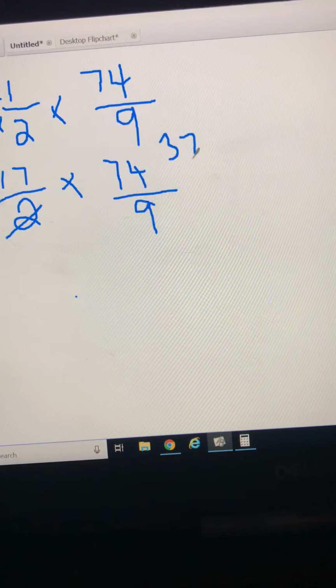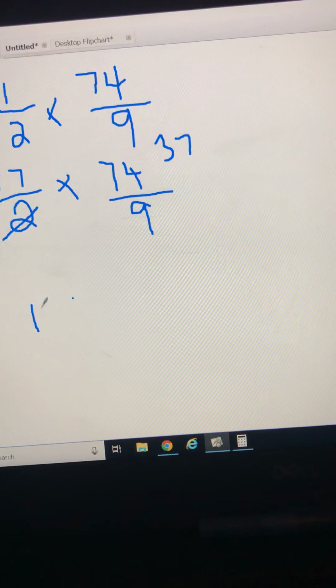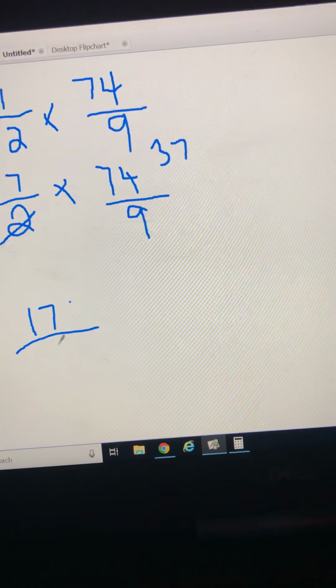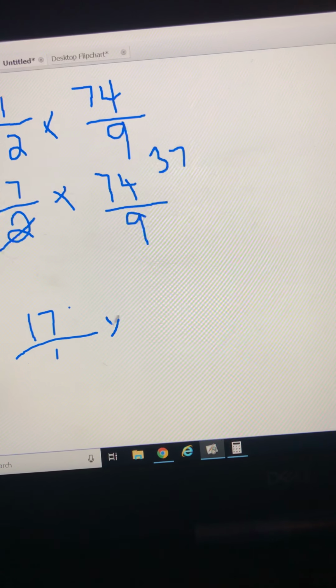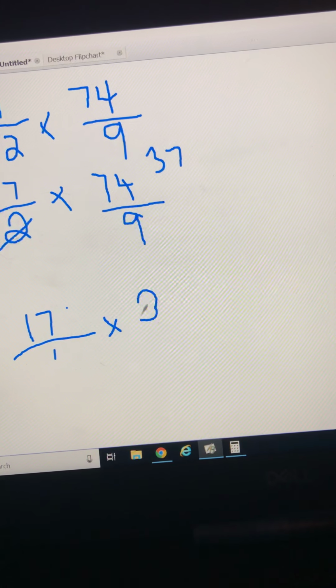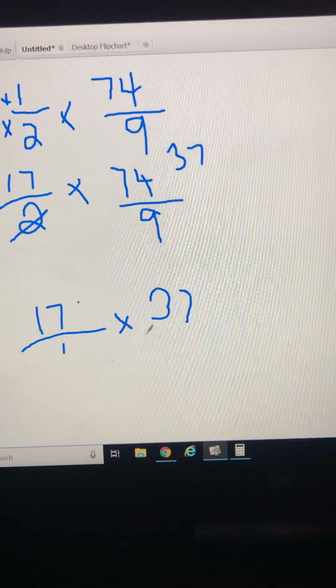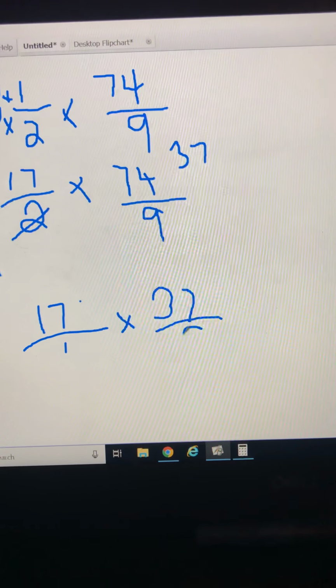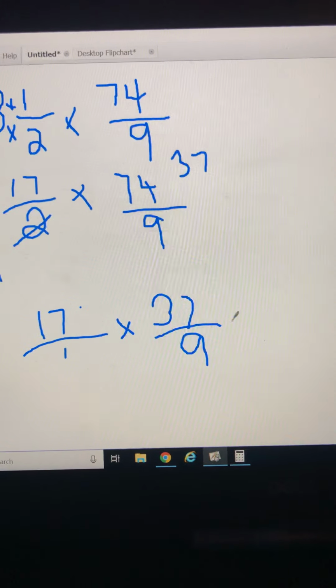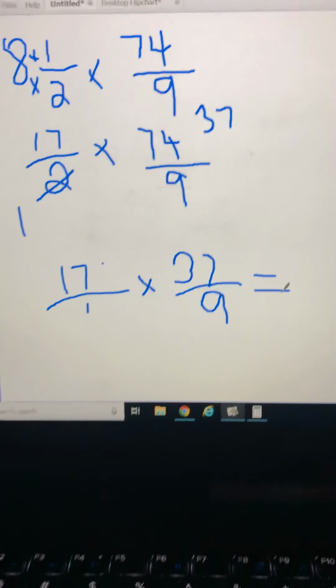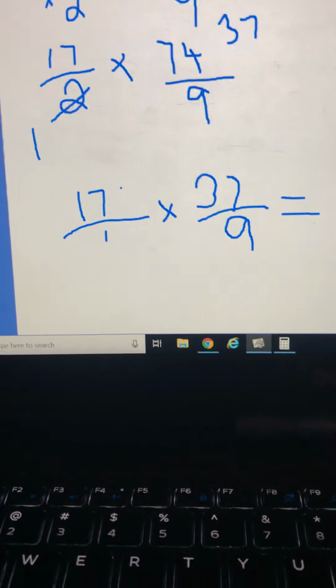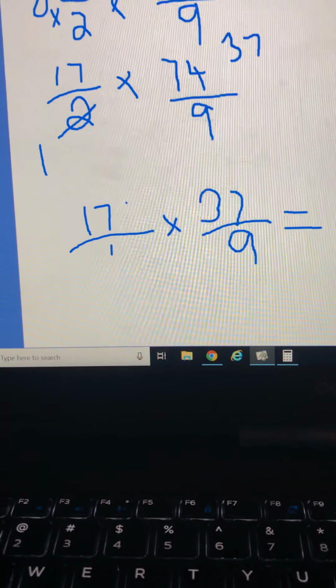So now I have 17, I'm going to rewrite it because it's getting a little sloppy, out of 1, times 37 out of 9. Well, my denominator is pretty easy to roll with. So I've got 1 times 9 is 9.